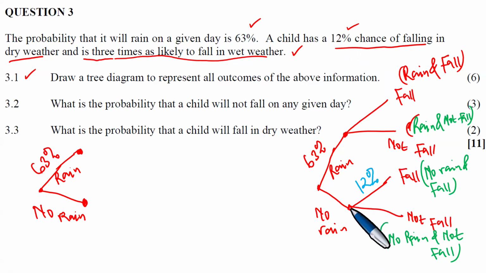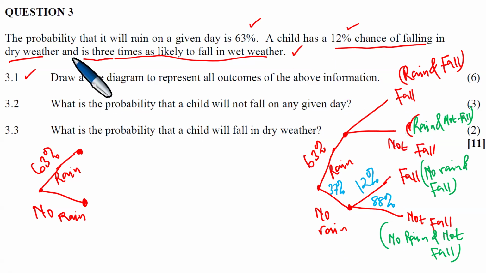Then not falling is 88%, because it's 100% minus 12. Now, 63% is the chance of rain, and then 100% minus 63 is 37% of no rain.